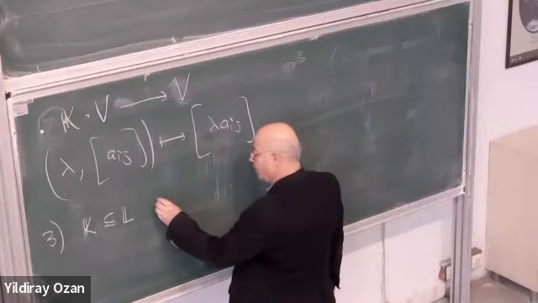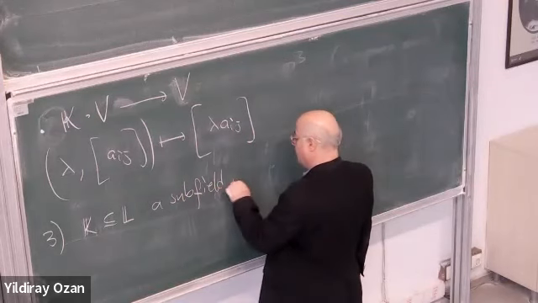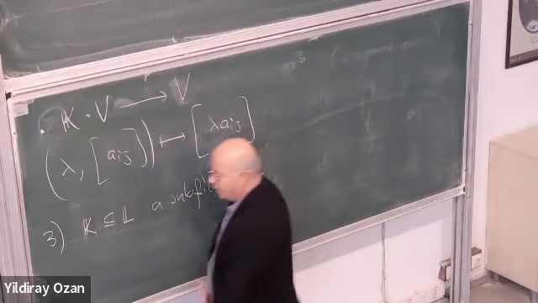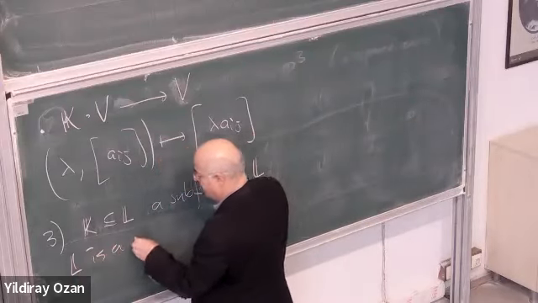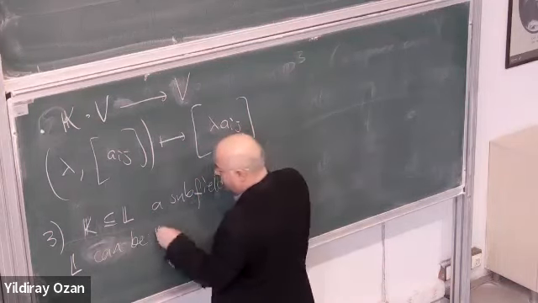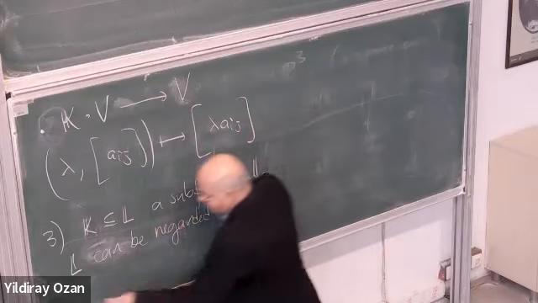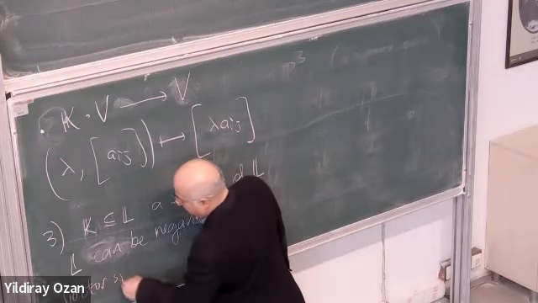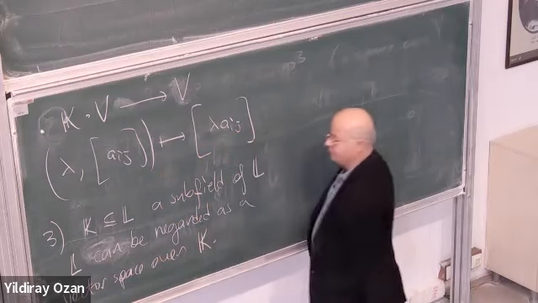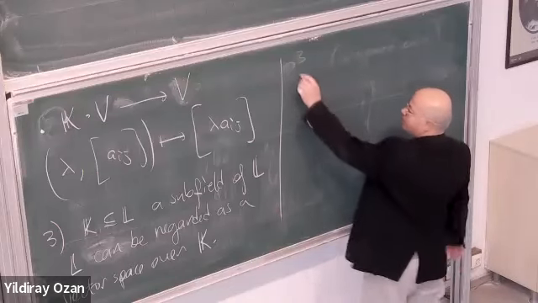So in this case, L can be regarded as a vector space over K. We have seen some examples of this.